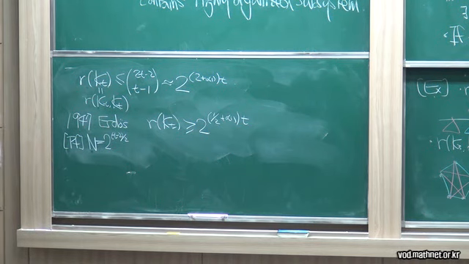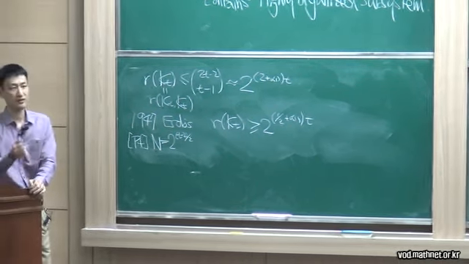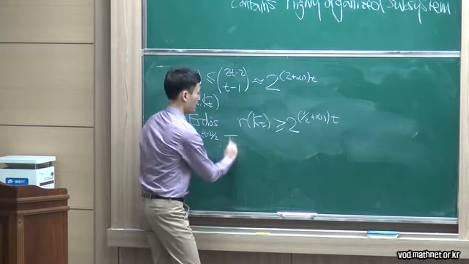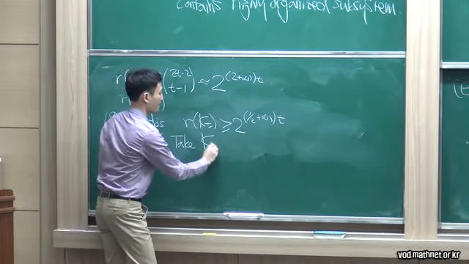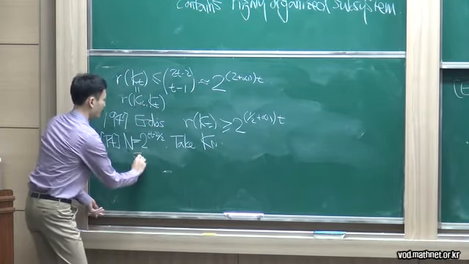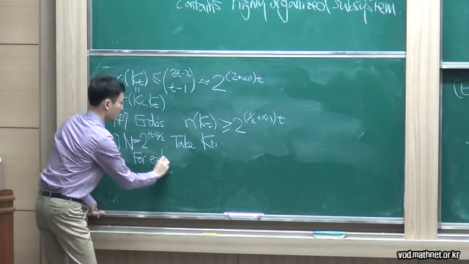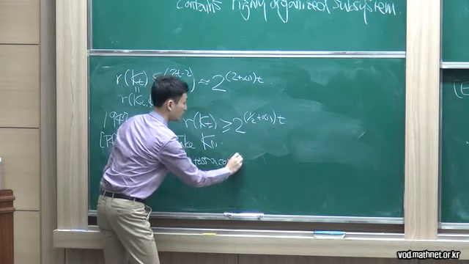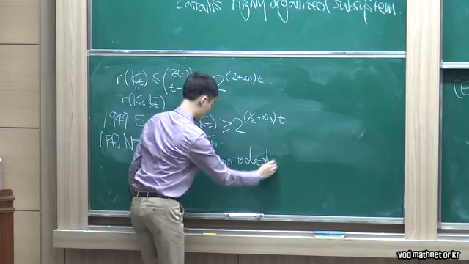Trying to do it really by hand is difficult. The brilliant idea was, let's just toss a coin to do it. So take a complete graph K_n. For each edge, toss a coin to decide red or blue.